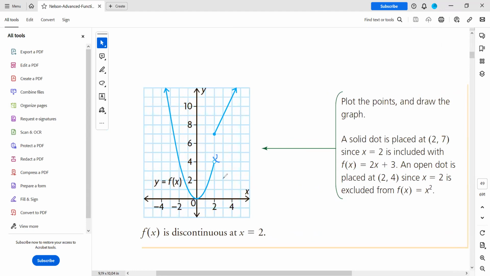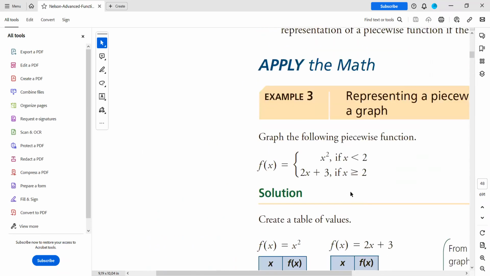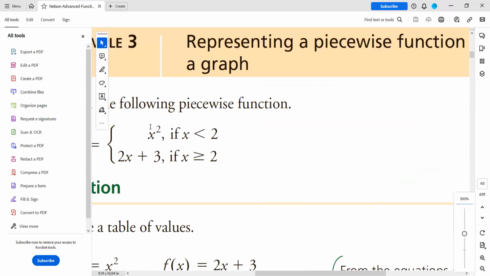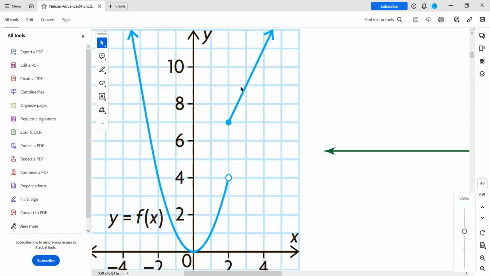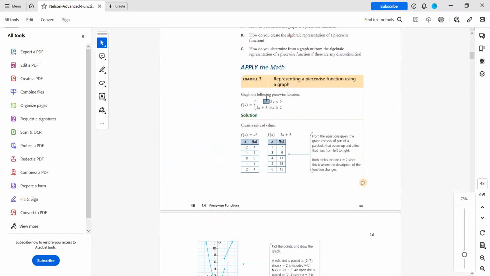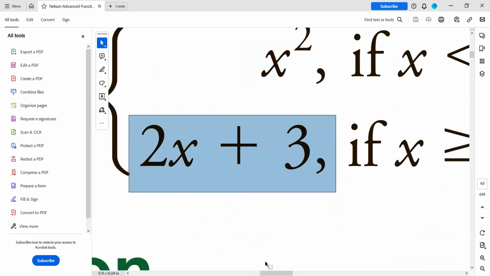This is called a dot discontinuity. We have an empty point like this. And after that, we get this linear dependence, our second piece of the piecewise function. You see x squared is our parabola here, and this line is our linear dependence 2x plus 3.